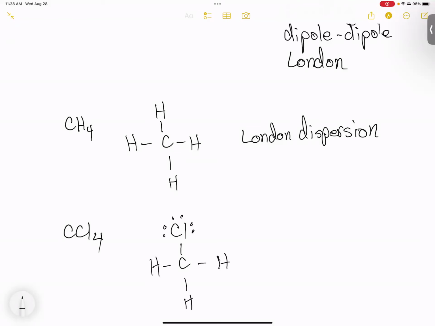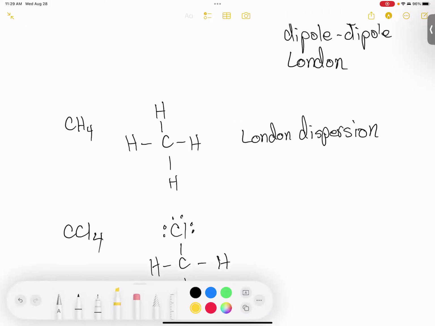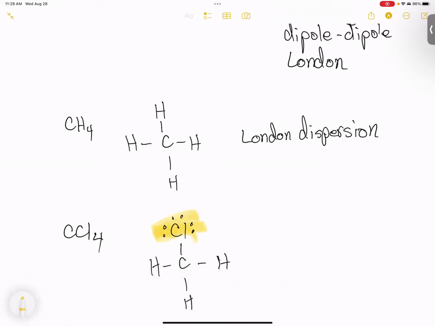Even though it's tetrahedral, because of this chlorine, since not all of them are the same, it automatically makes this compound polar. Oh, I meant CH3Cl. In my head, I was doing a slightly different molecule.